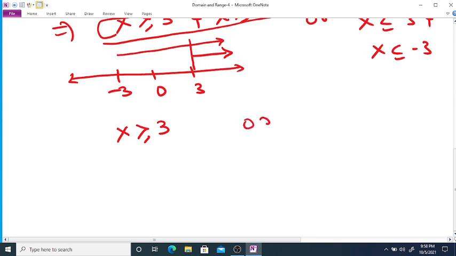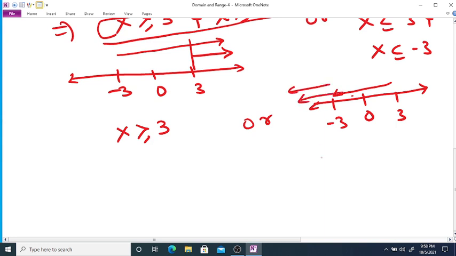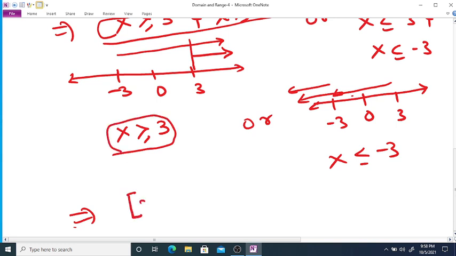In the second case, x ≤ 3 and x ≤ −3, so if you combine these two, you get x ≤ −3. So in the first case, x ≥ 3 means 3 to infinity, and in the second case x ≤ −3 means minus infinity to −3.